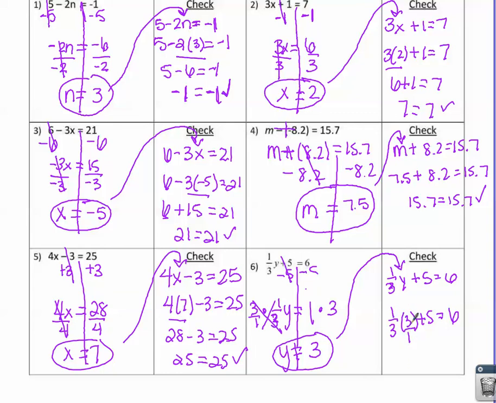You get 1 times 3 is 3. 3 times 1 is 3. So you get 3 over 3, which simplifies to 1. So you get 1 plus 5. 1 plus 5 is 6. So you know you did your work right because 6 equals 6. Turn the page.